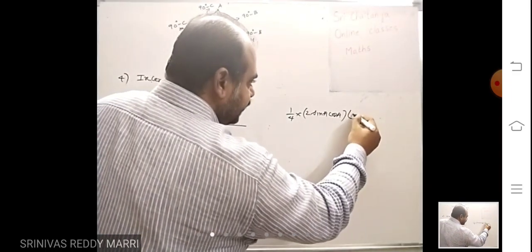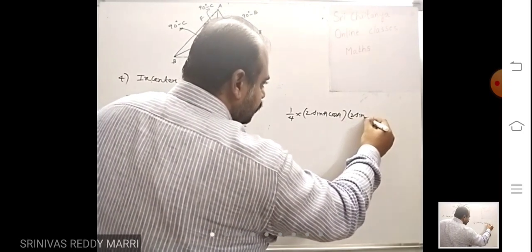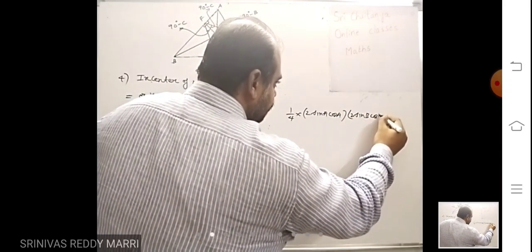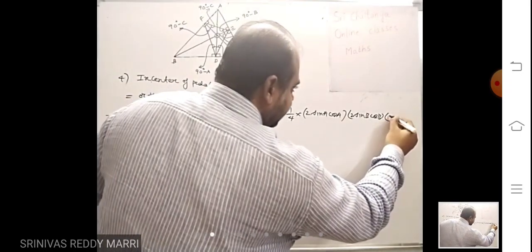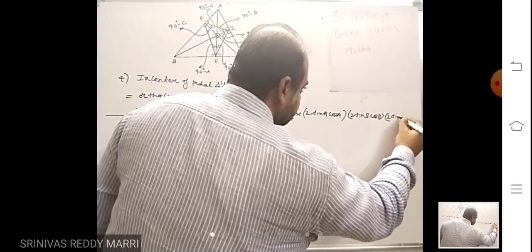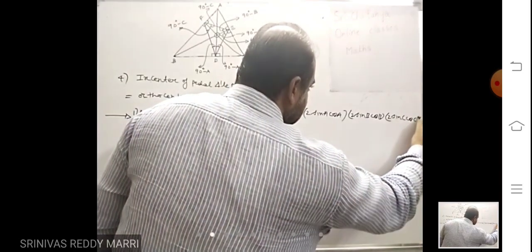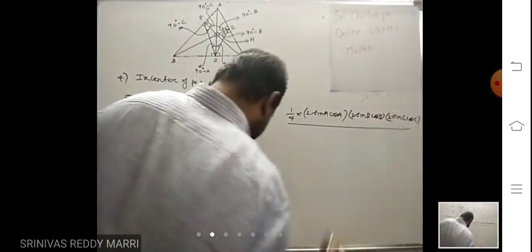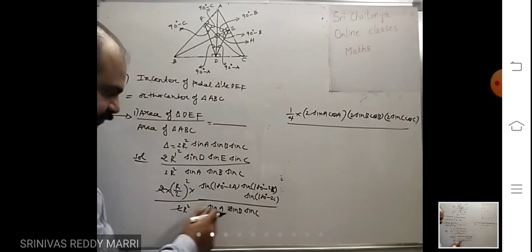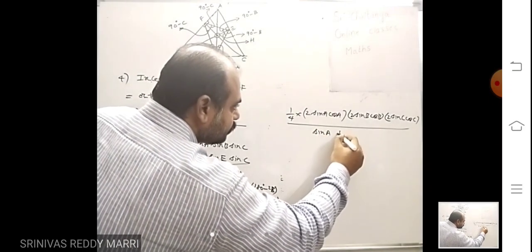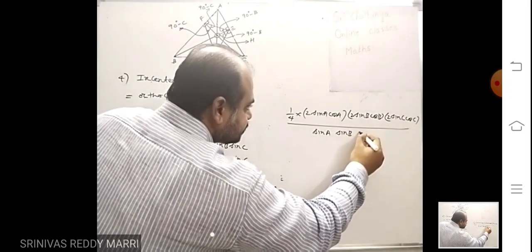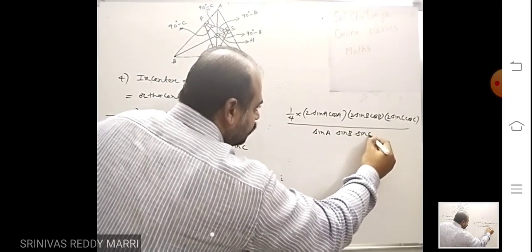This is sine 2B, 2 sin B cos B. So this is sine of 180 minus 2C, 2 sin C cos C, divided by sin A sin B sin C. Look here.